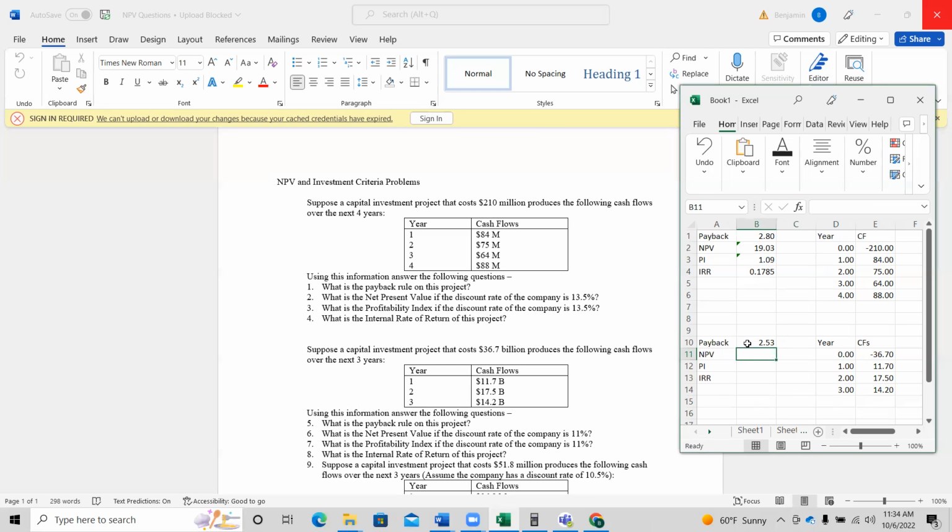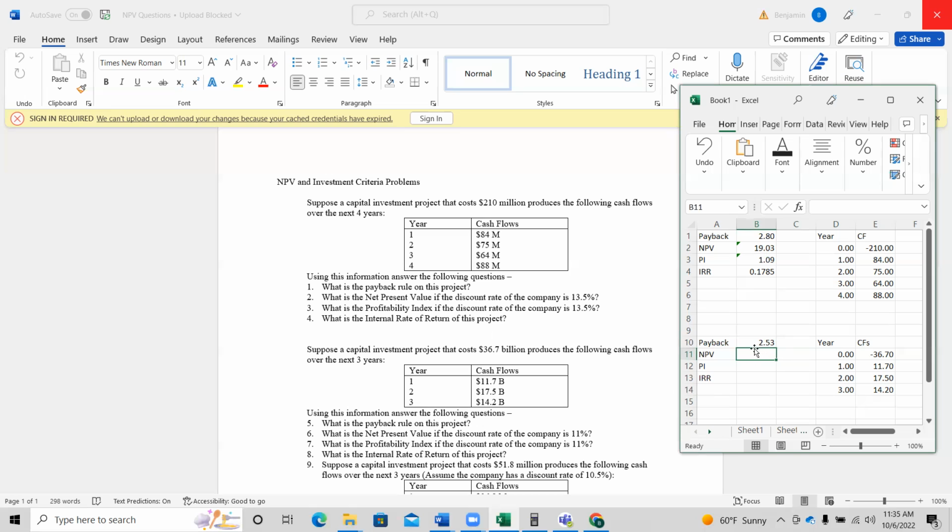Let's pause here and talk about why we would use the payback method. It doesn't account for the time value of money. It doesn't account for risk. There isn't a solid decision rule, but let's assume that this company had an opportunity to invest in the first project, the $210 million investment project, or the $36.7 billion investment project.